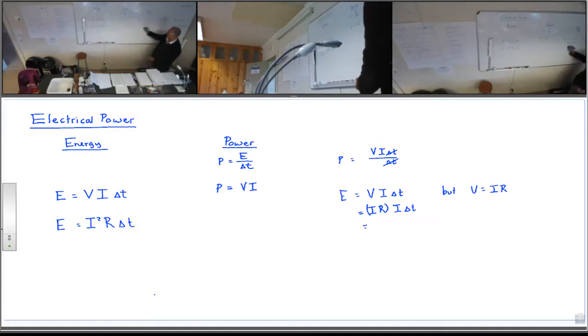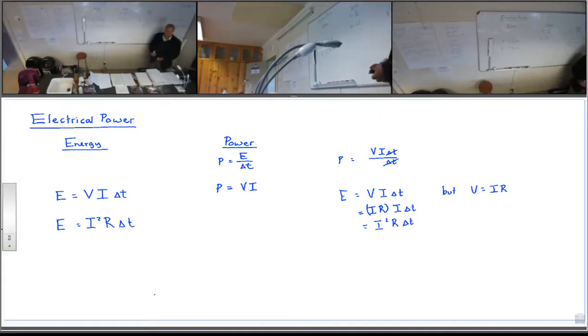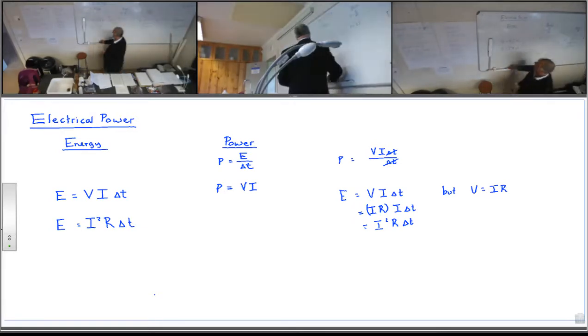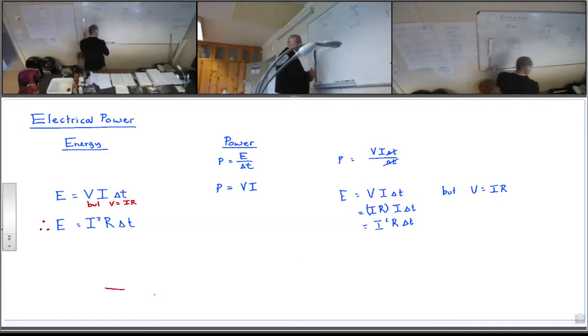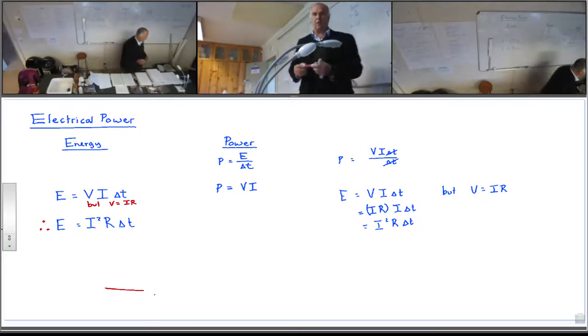Which is going to give me I squared R delta T. There we go. Happy with that? So it's not a new equation, it's just I've substituted V equals IR into it. So you may want to just write in here, but V equals IR, therefore energy also equals that. Happy with that?